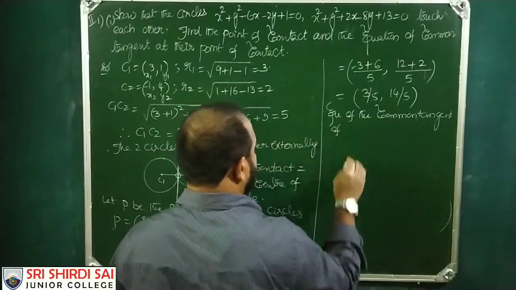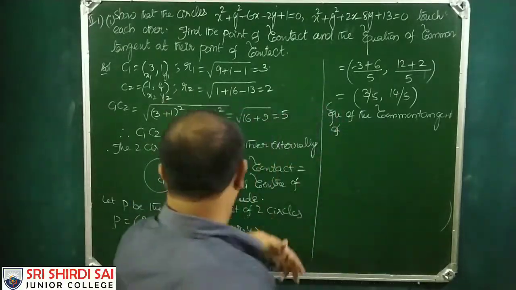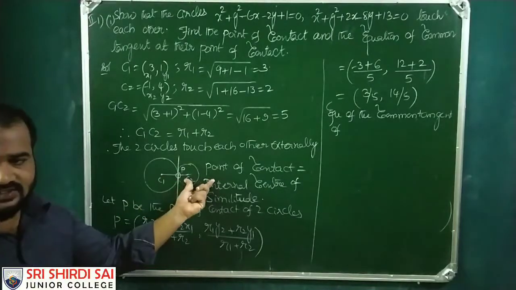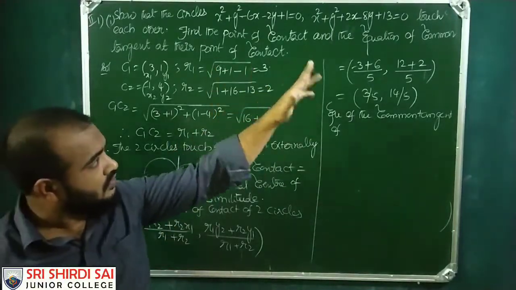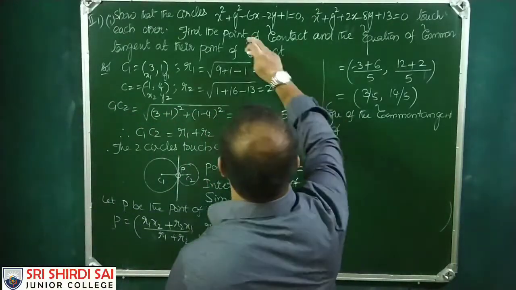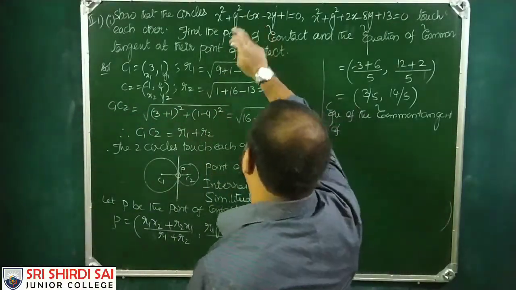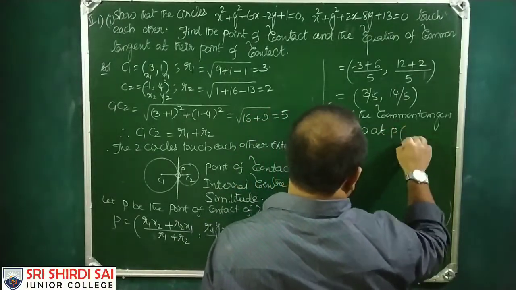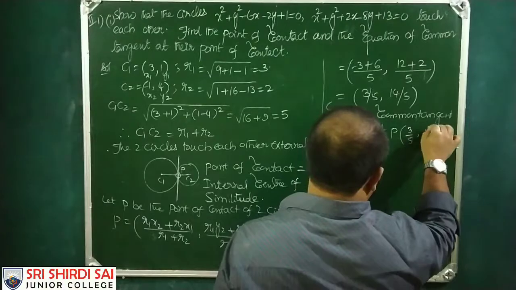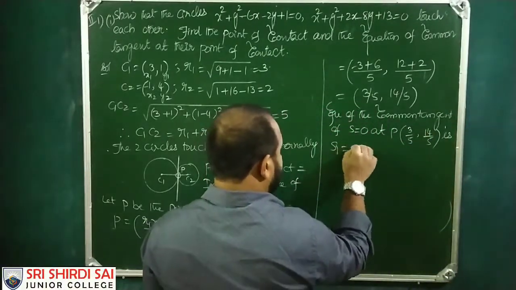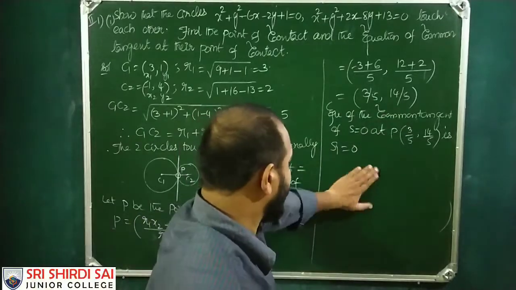Because this line is tangent to this circle as well as this circle, you may take whatever circle it is. So for the equation of the common tangent, for example I will take the first circle S equals 0 at the point of contact P (3/5, 14/5), S1 equals 0 is the equation of the common tangent, right?